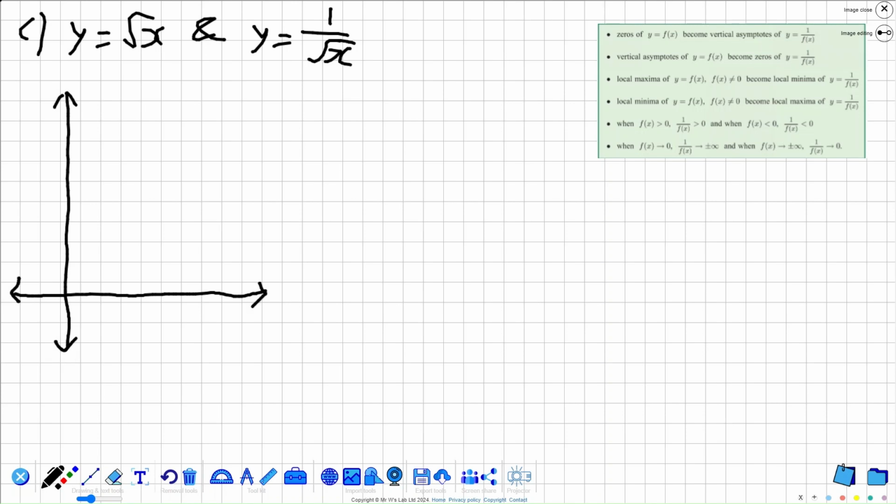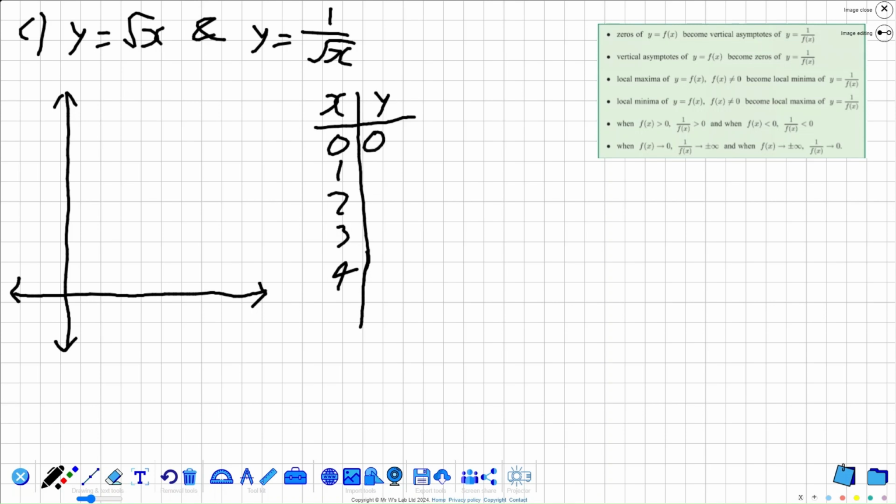But what we're going to do is first have a look at, we'll create a table for root x, and so we've got 0, 1, 2, 3, 4, that's probably all we need, won't it? And then what we can do is start filling this out.